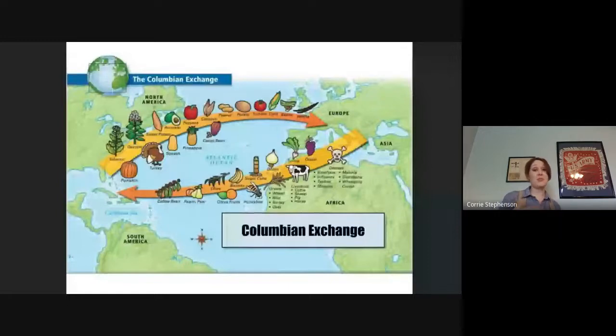This changes the European economy, it boosts the European economy, and it actually drops the price of food, making it possible for there to be somewhat of a population boom in Europe. So, by far and above, this is a positive experience for Europeans. It's less of a good experience for Native Americans at all.